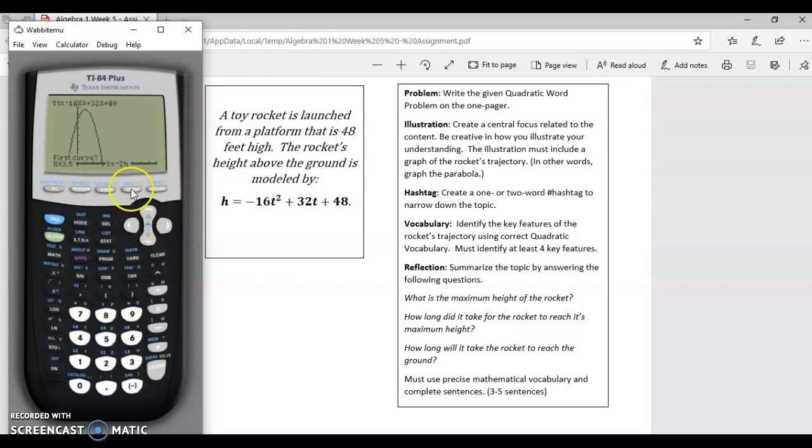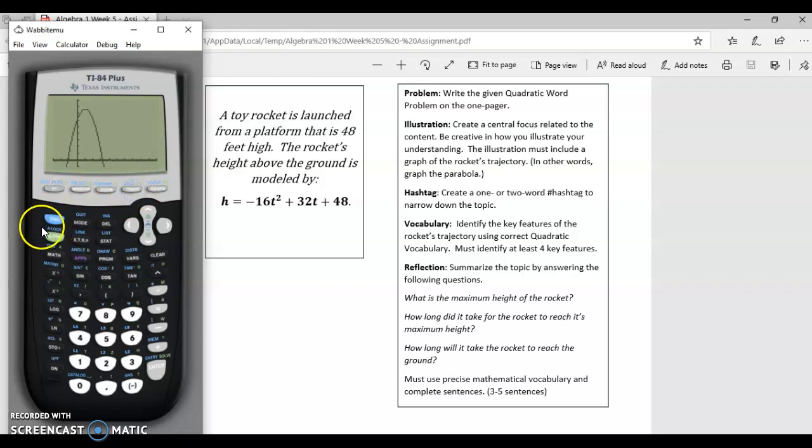My window's not set up very well so that I can see where my spider is. So let me change that window again. Maybe I will leave the y minimum at negative 10. That'll give me a little more wiggle room.